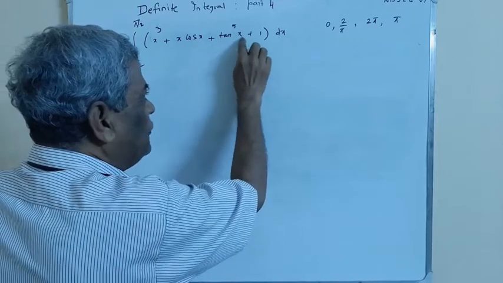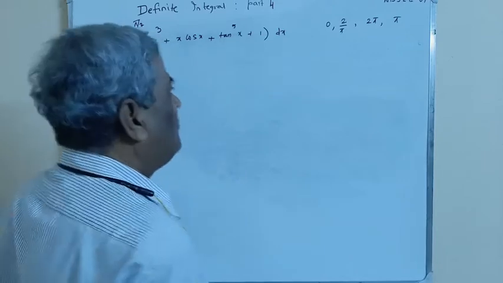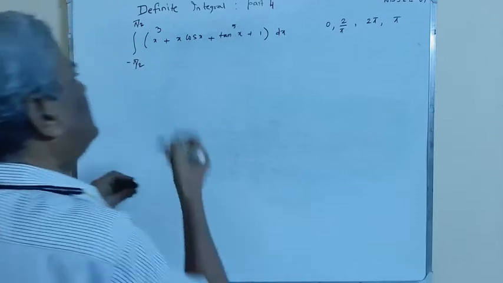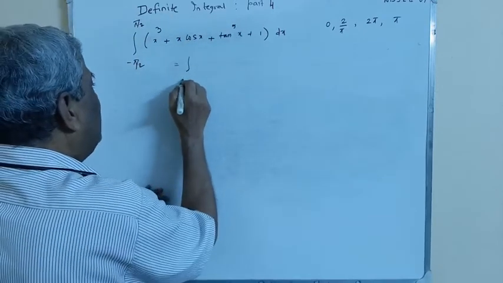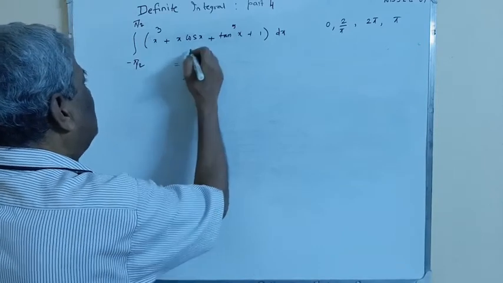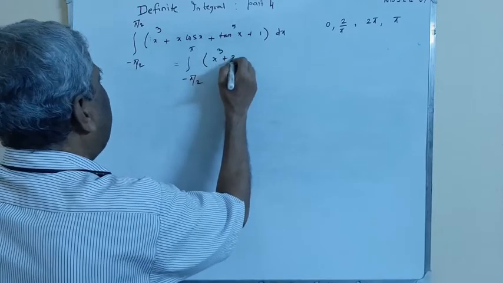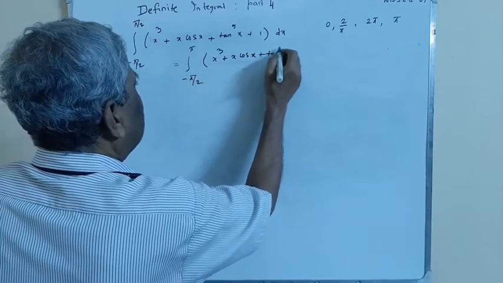This is again an odd function, and this one is neither odd nor even. So let us break the integration that way: minus pi by 2 to plus pi by 2 of x cube plus x cos x plus 10 to the power 5x.